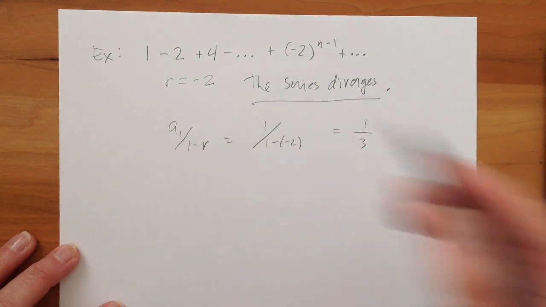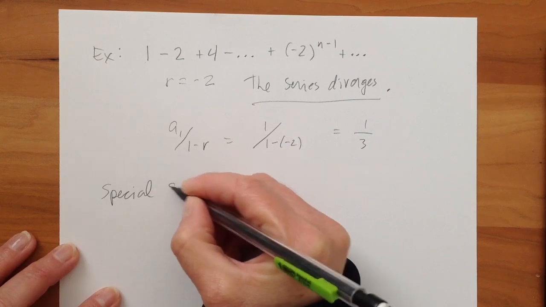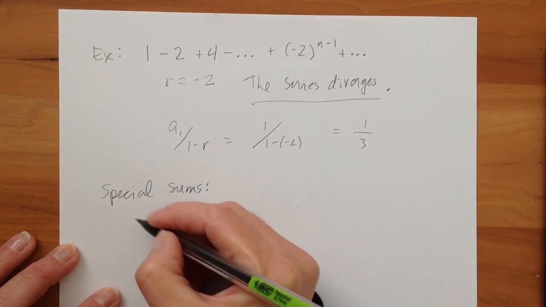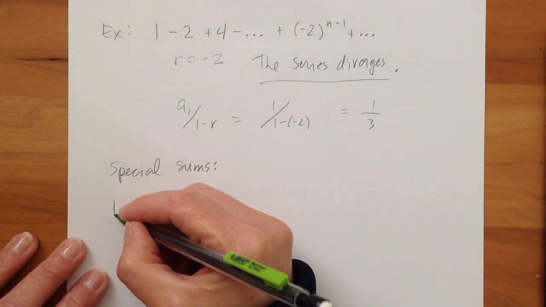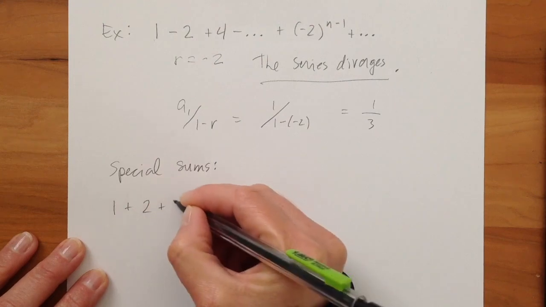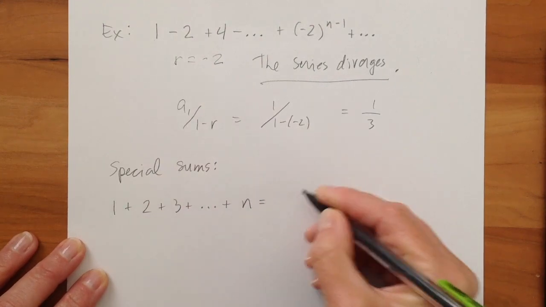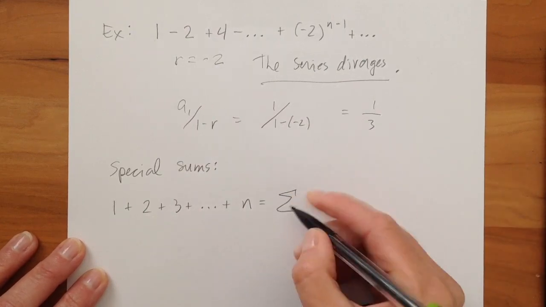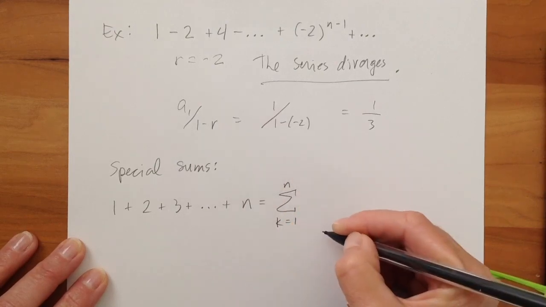So let's take a look at special sums. The first is the sum of the first n integers. In sigma notation, that's equal to the sum as k goes from 1 to n of k.